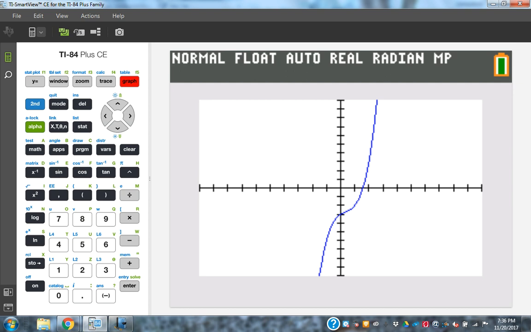Hang on. I have to change this polynomial. I didn't do something right. Yeah, I mismultiplied.